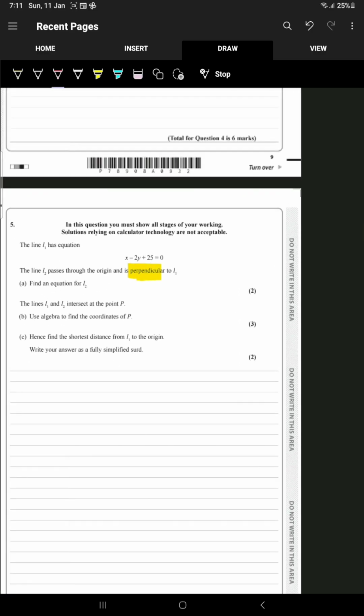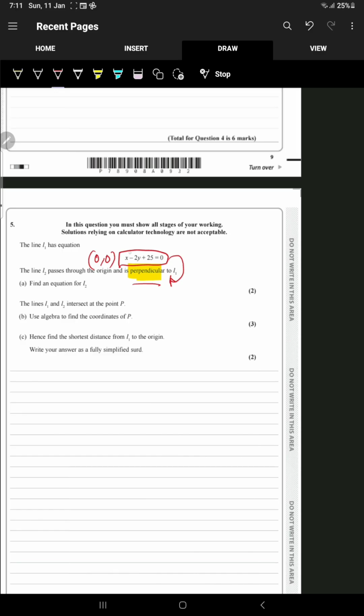Now we need to find the gradient of this line, then we can find the gradient of the perpendicular line. We have to find the equation, so we need a coordinate, and the origin is basically the coordinate, which is 0 and 0.